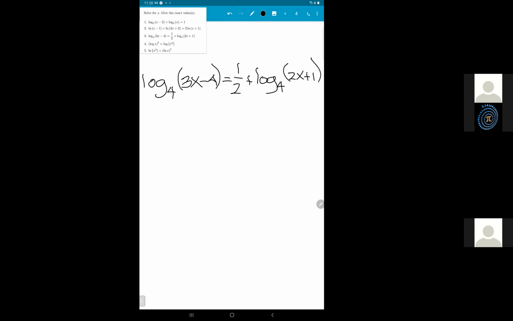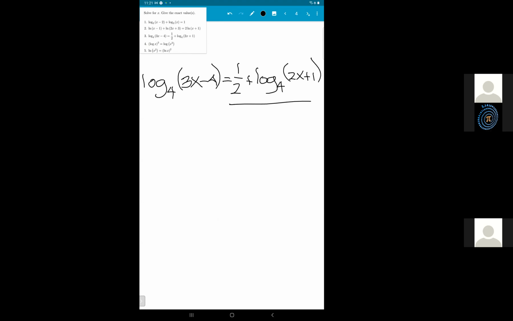Okay, we must always be able to write both sides as a single logarithm. Now notice the left-hand side is already a single logarithm, but the right-hand side is not. So one approach would be to try to write that side as a single logarithm, and it can be done.